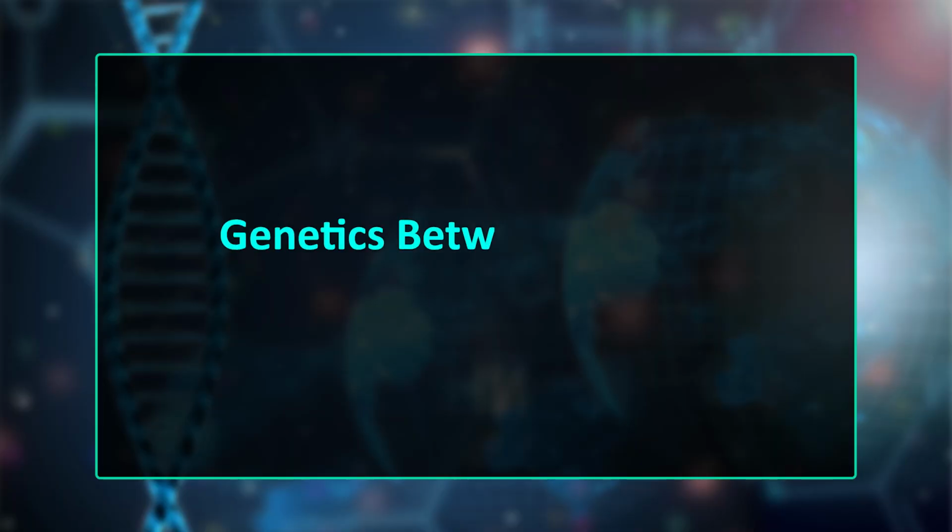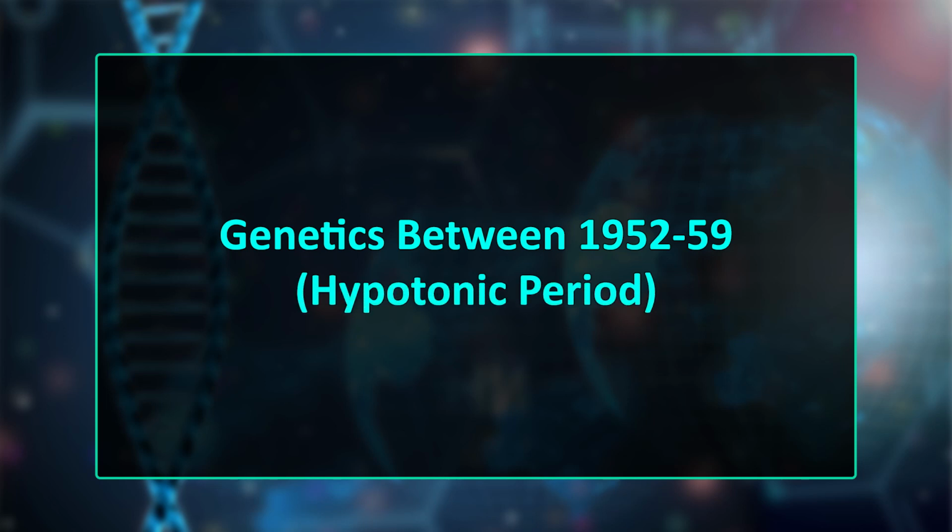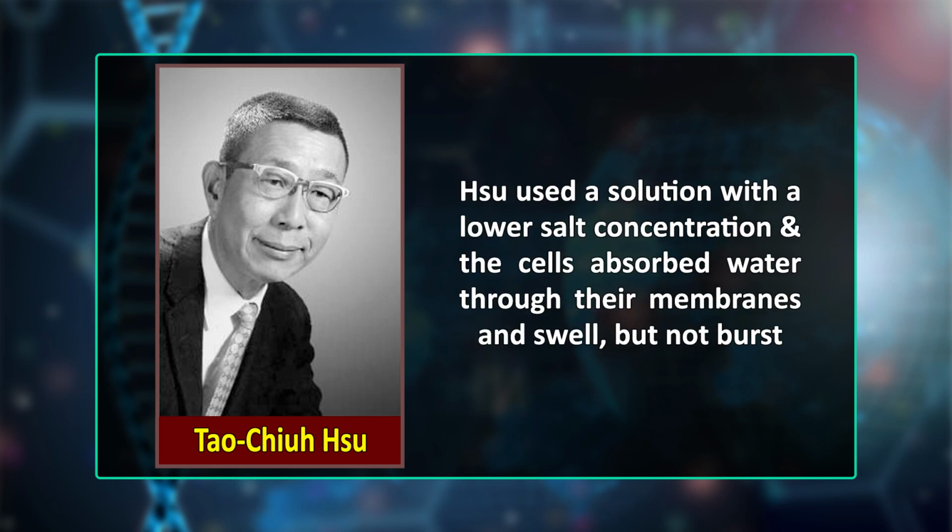Now, let us discuss the second part, that is genetics between 1952 to 59, that is the hypotonic period. During this period, an American cytogeneticist, Hsu, used a solution with a lower salt concentration, and the cells absorbed water through their membranes and swelled, but did not burst. However, chromosomes readily separated, making them easier to count.